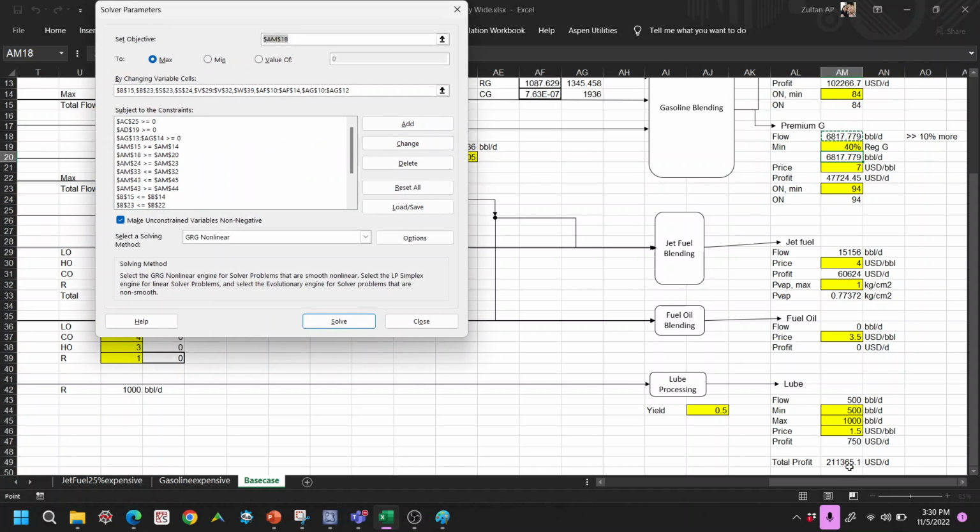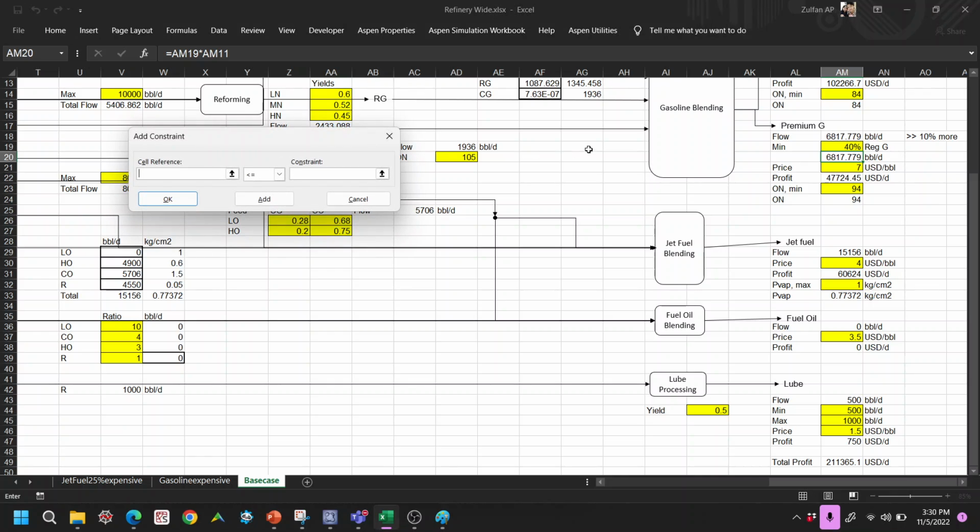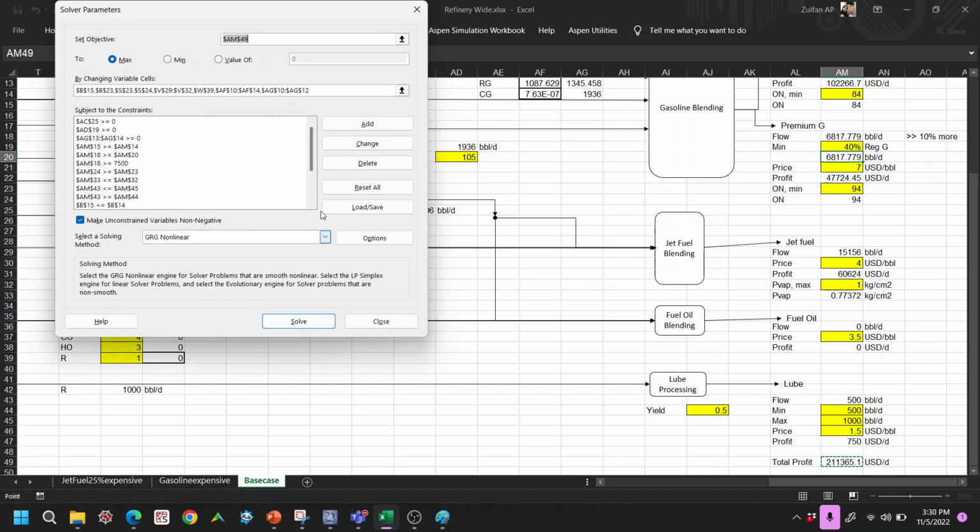This is the objective function, and then you add a constraint saying this has to be a minimum of, for example, 7,500. That's a new constraint, because we need to fulfill that market for the premium.